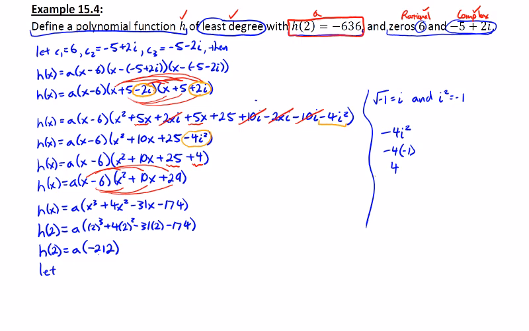Let h of 2 be equal to -636. And then we're going to get the statement -636 is equal to -212 times a. And then when you divide both sides by -212, you're going to get 3 is equal to a.